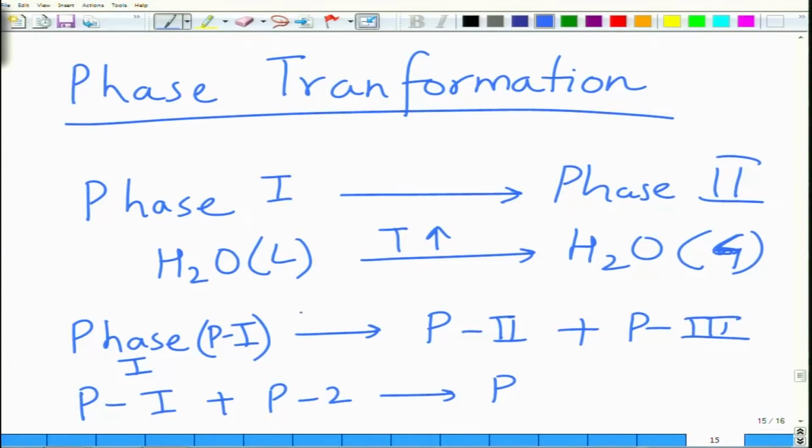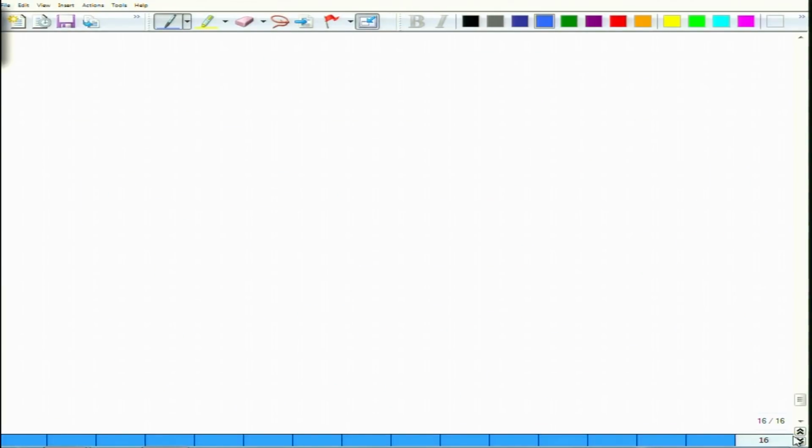So you can have some condition of temperature, pressure and composition. Similarly, here you can have certain condition of temperature, pressure and composition. They can give rise to phase 3 and so on and so forth. So understanding of phase equilibria will make you understand how these transformations happen.